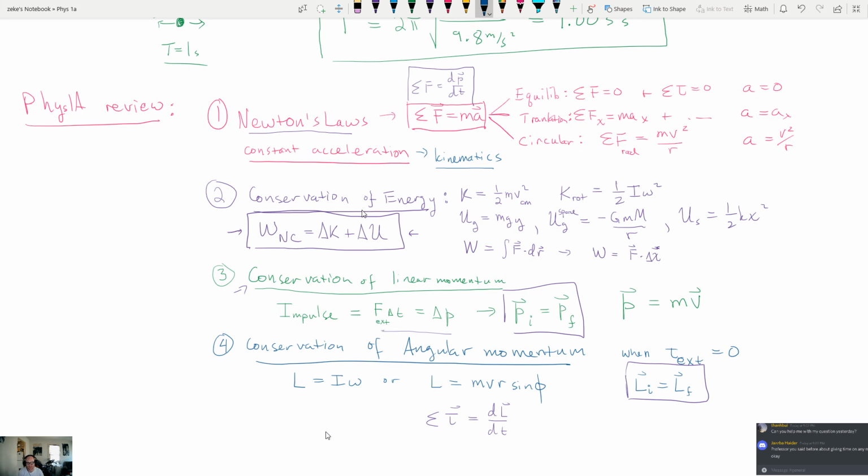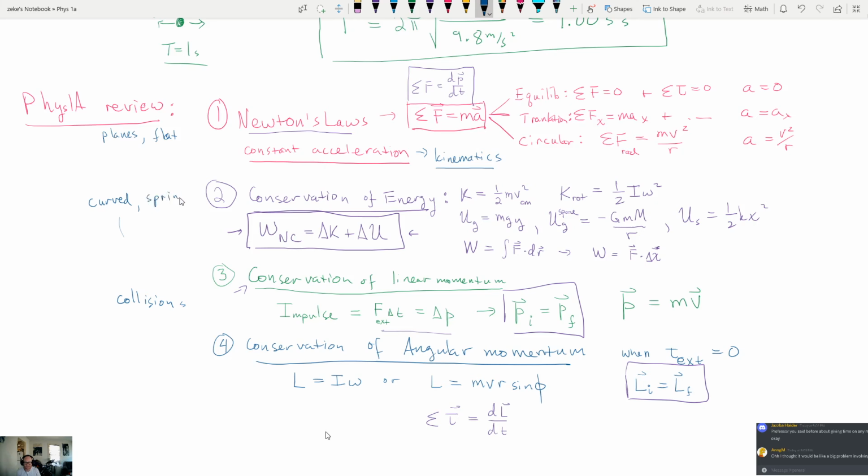So I don't know how relevant this is, but I'll just say over here that we use linear momentum conservation for collisions. We use Newton's laws for objects moving on planes or along flat surfaces. We use conservation of energy for curved surfaces, like ramps that are curved, for things moving along a curved path.